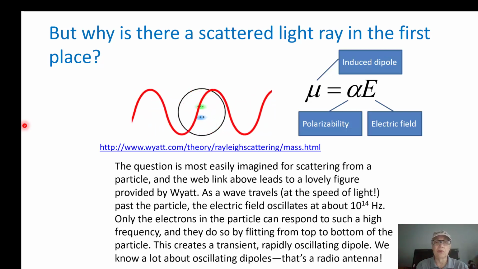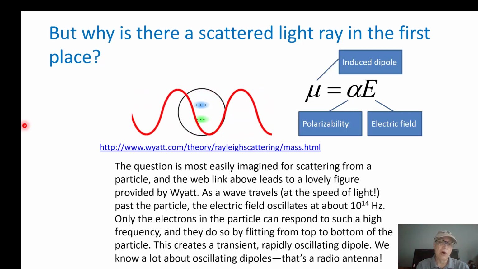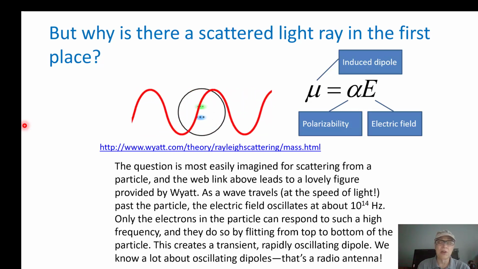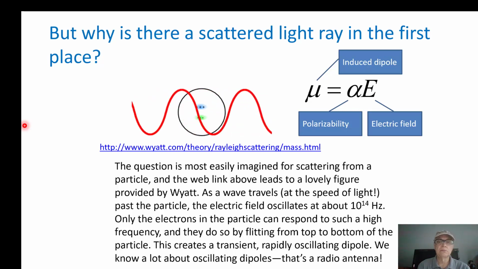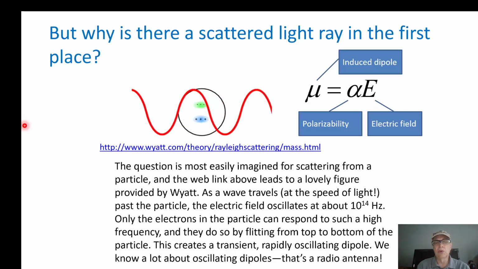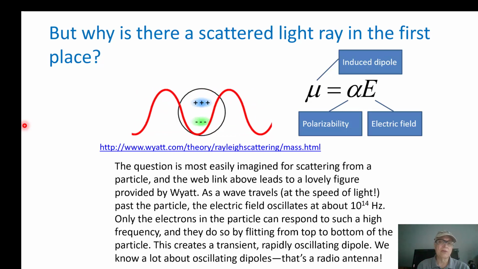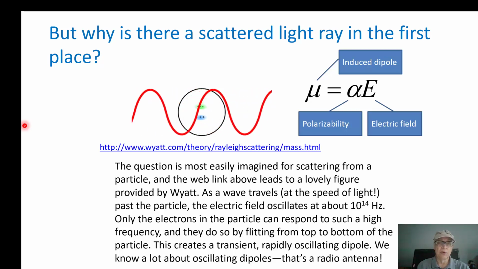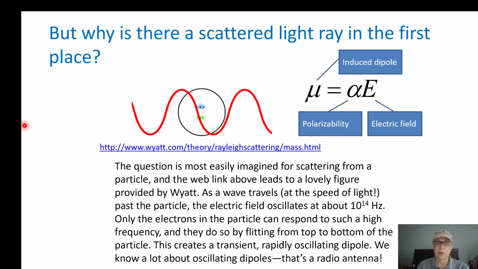If the particle is standing still, the peaks and troughs of the laser light go by it at something like 10 to the 14th, 10 to the 15th cycles per second. So it really oscillates fast. The molecule basically just sits there, and only its electrons are light enough to respond to those frequencies. It's sort of like if you grab a tree and shake it, only the leaves will really move. The whole tree isn't going anywhere.